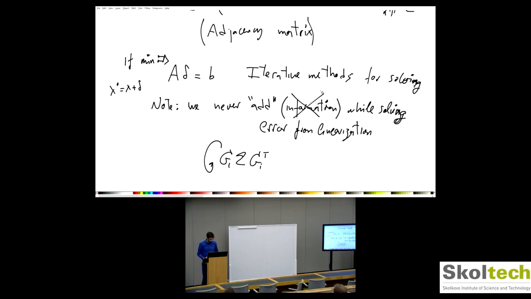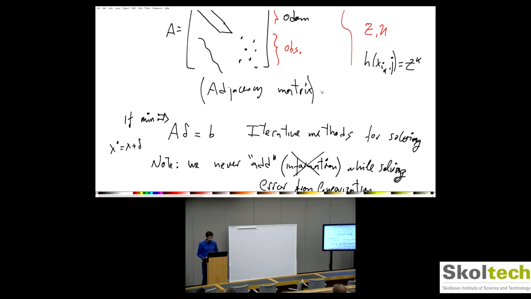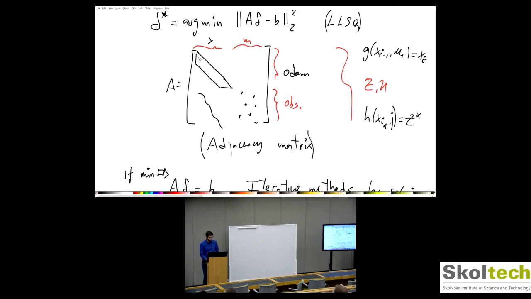The contents of the matrix, say the adjacency matrix. Here, what we have is all these factors that belong to the odometry. If you remember, it was something like minus the identity, and then there was the Jacobian. These are terms that we are adding here and here.